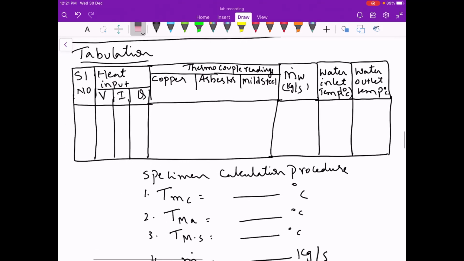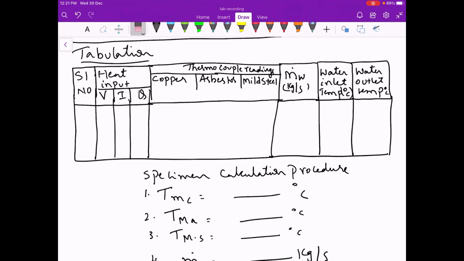Now the tabulation part also, as I've told you: serial number, heat input, that is V into I, which is going to give you the heat input that you are giving. Then comes the thermocouple readings.